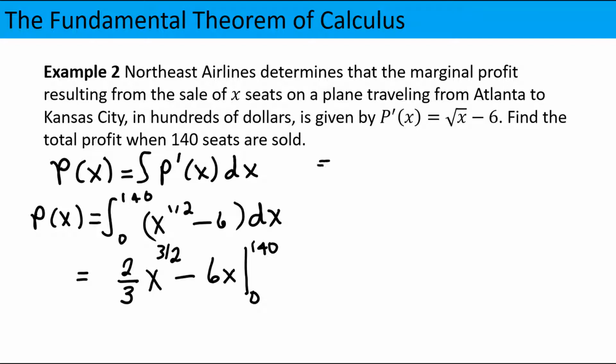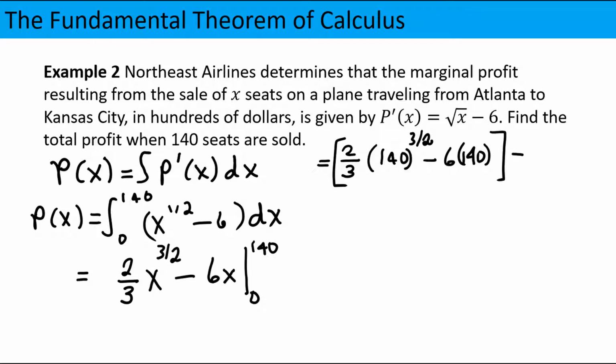So, let's put in the values. 2/3 times 140 to the power of 3/2 minus 6 times 140, and we need to subtract it evaluated at 0. So let's just go ahead and write 0. 2/3 times 0 to anything is 0, minus 6 times 0 is 0.